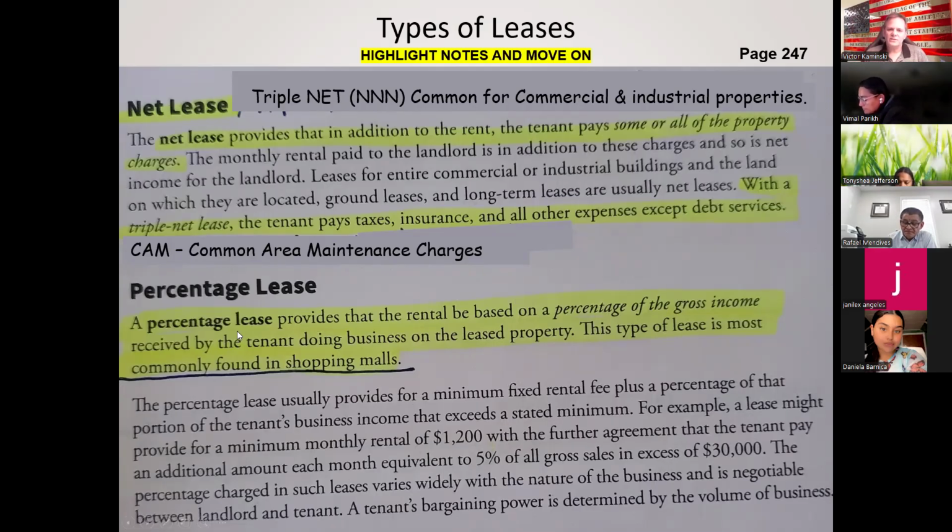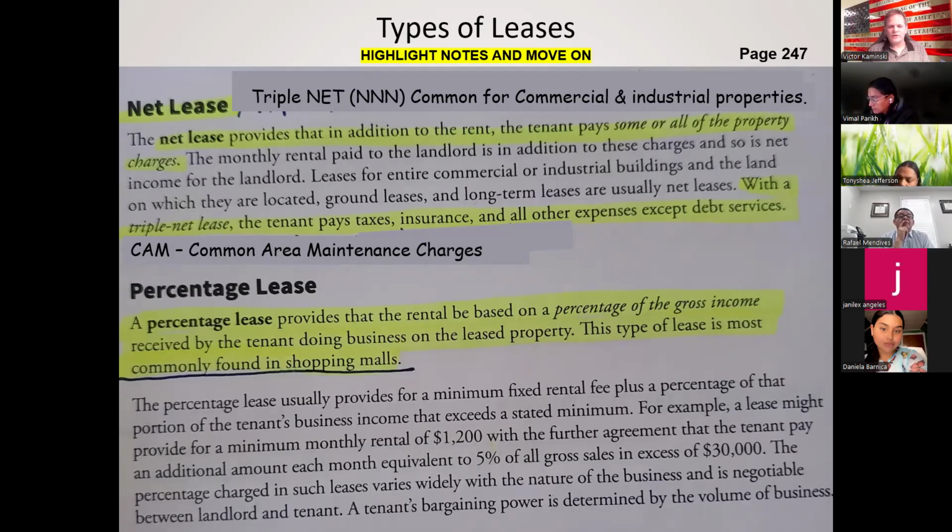Now, the percentage lease, this is common in shopping centers, where the tenant pays a fixed rent, and they're also responsible for paying a percentage of their gross income to the landlord. So they pay the small fixed rent plus a percentage of their income they share with the landlord.